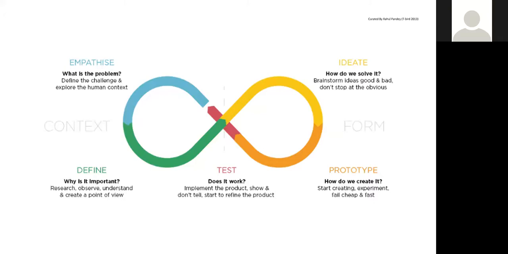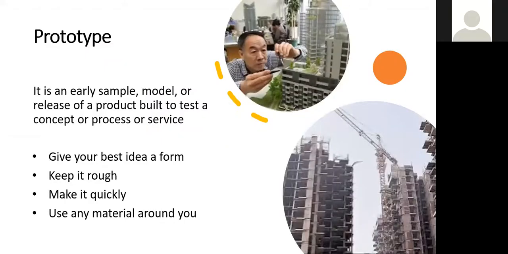Now, one of the key elements of getting an idea executed is whether you can create a prototype for that product, for the solution which you have thought of. How do we create a prototype? Experiment, fail cheap and fast, as it is written. So let me go to the next part. How do you define a prototype?